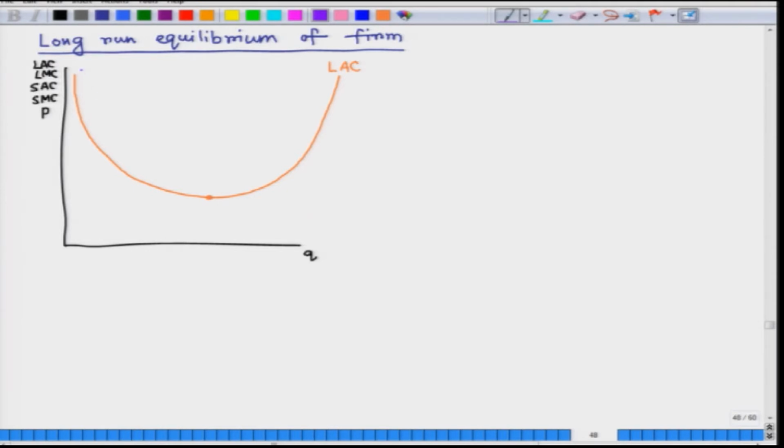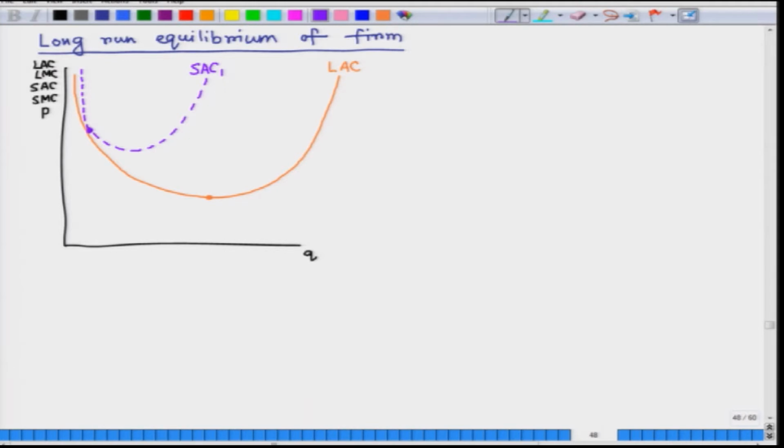For each plant size there will be a corresponding short run average cost curve, right. Suppose this is the tangency point. Okay. So, this is my SAC1 corresponding to plant size 1.